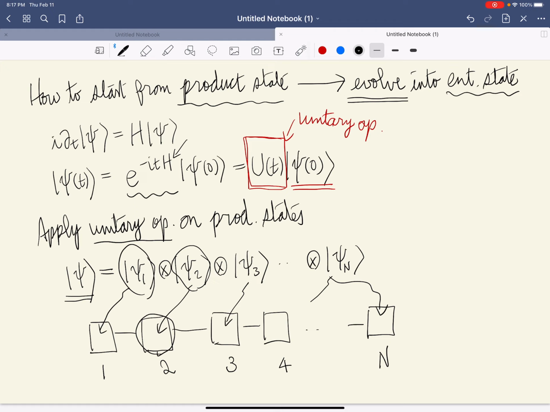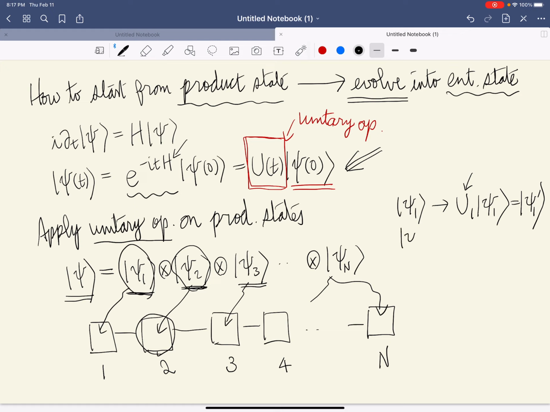Now, as in this general scheme of evolving a given quantum state, let me try to evolve each one of these qubits according to some unitary operation. So now what I mean by that is I will transform this initial qubit wave function into a different wave function which is achieved by acting with some sort of unitary operator on the initial state. And that I'm going to call psi 1 prime.